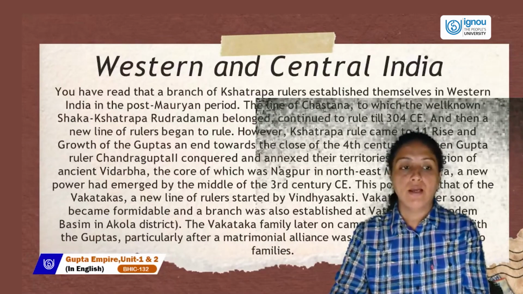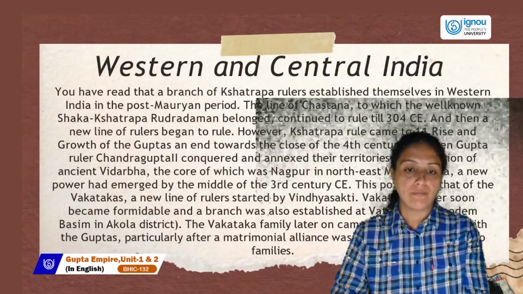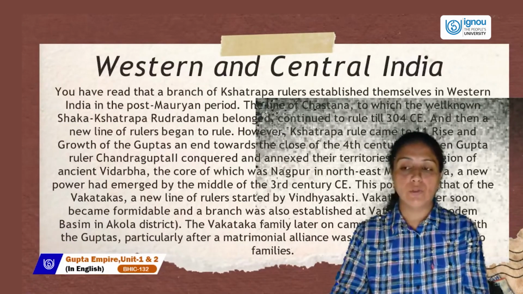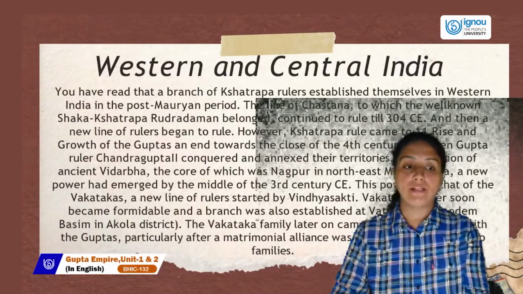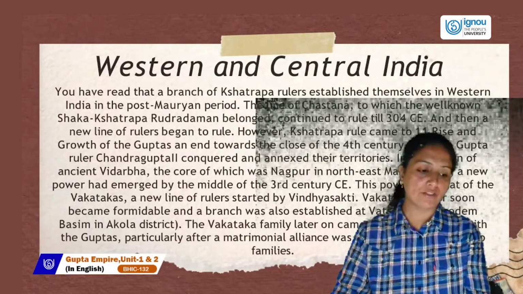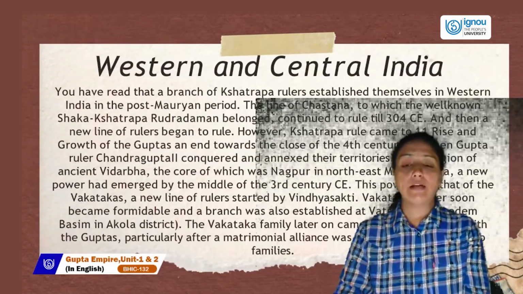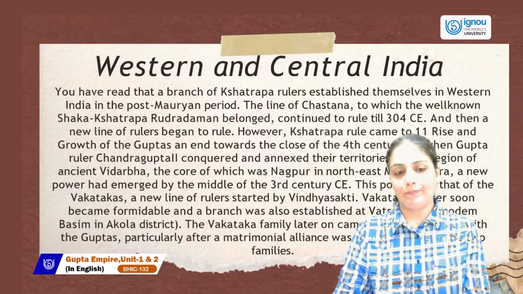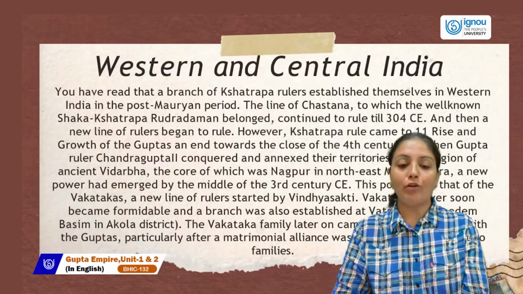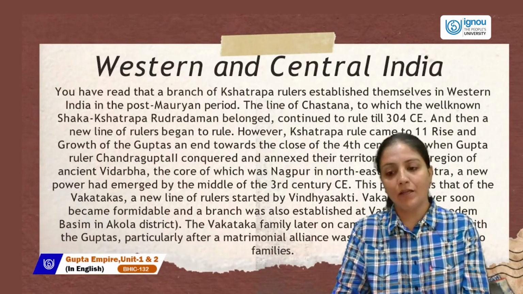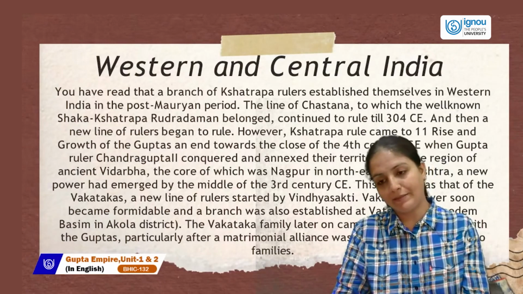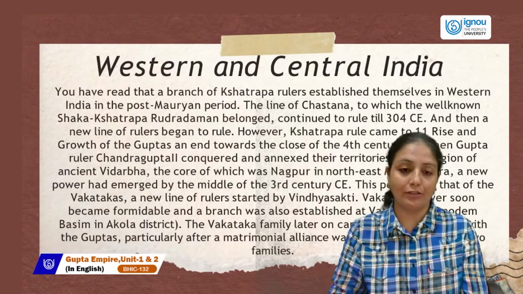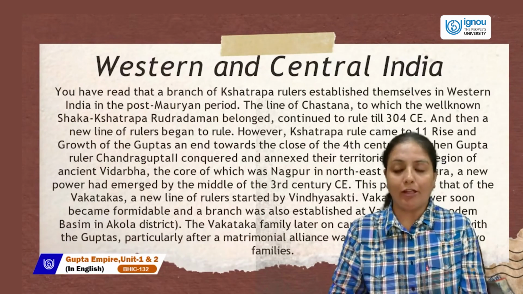Vakataka power soon became formidable and a branch was also established in the Vatsagulma basin in Akola district. The Vakataka family later came into close contact with the Guptas, particularly after a matrimonial alliance was formed between the two families. I will tell you how. Firstly, I will tell you about the Shaka Kshatrap ruler Rudradaman.